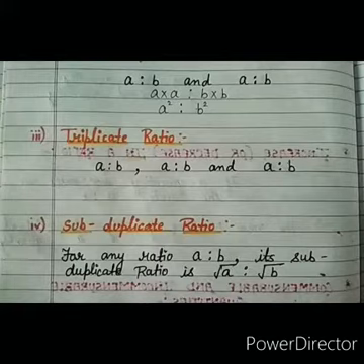Next point is triplicate ratio. It is the compound ratio of three equal ratios.